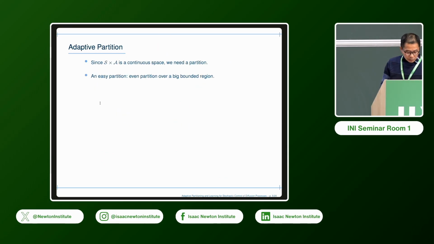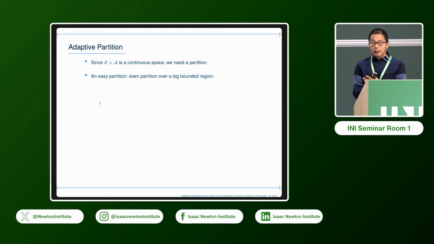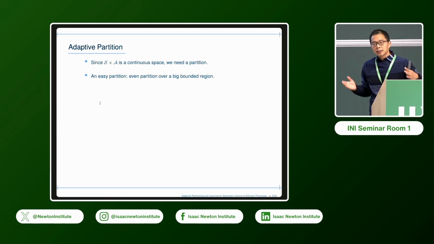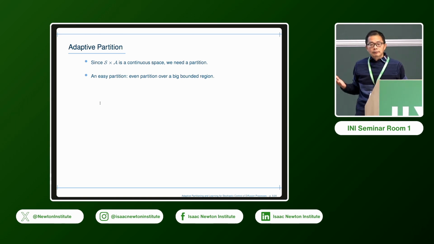Now, very different from what was introduced in the previous talk by Yuxin Chen, here our state space and action space are both continuous, and our state space is unbounded.